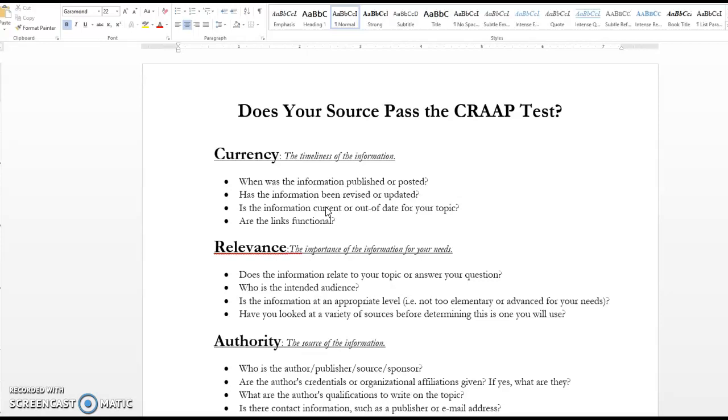Because if you say in your paper, well, according to this article, healthcare workers have not had PPE for months, and that was written at the beginning of the pandemic, it may not be as specifically relevant now that there's been a chance to gather PPE.